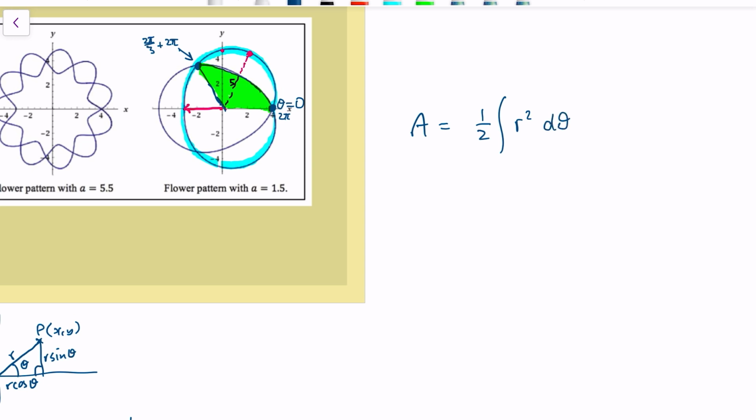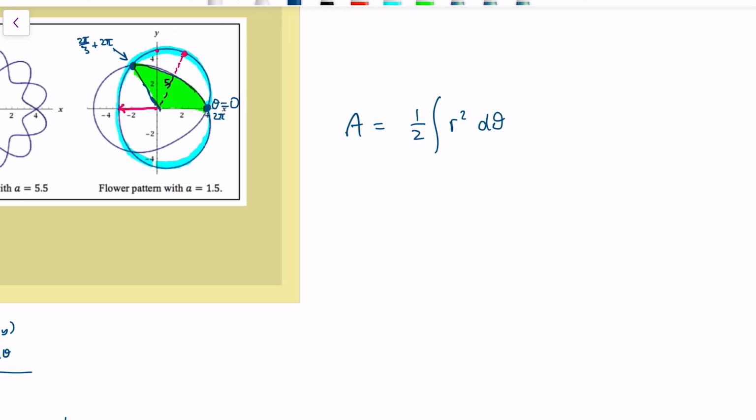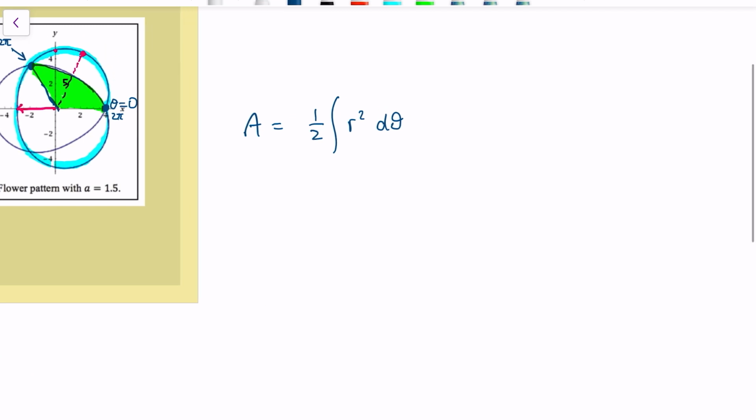Now it looks a bit weird because you're integrating a function in terms of r with respect to theta, but what that means is if you have some random curve, described in terms of r and theta, so it's a function of theta, and you want to find the area of this sort of sector, now it's not a perfect sector because the curve isn't necessarily a circle, but if we break it into a small angle d theta and we treat it like a sector, then this value here would be the same as this value here.